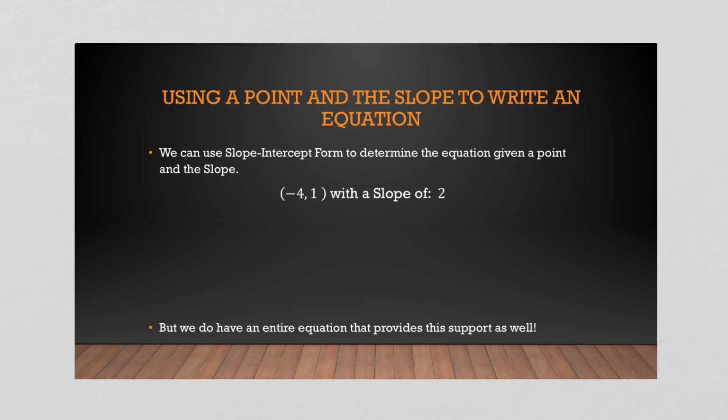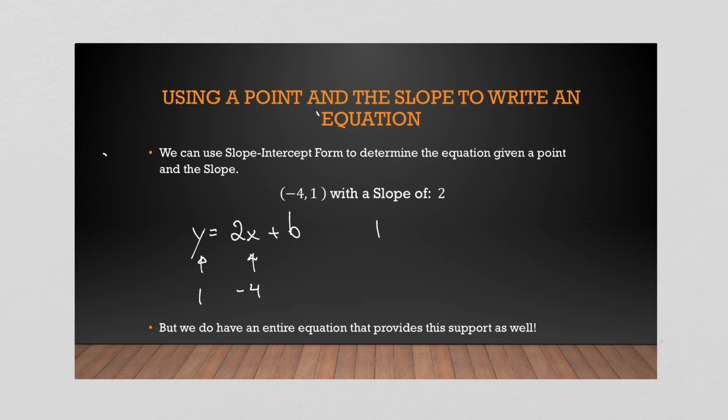But we have this whole other equation that's going to help us with it. So let's do one more of these. We can use this slope and this point to determine the equation in slope-intercept form again. So we have y equals, well, what's my slope? 2x plus b. Don't know b. But I can sub in negative 4 here, and I could sub in 1 here, and then I could solve for b.